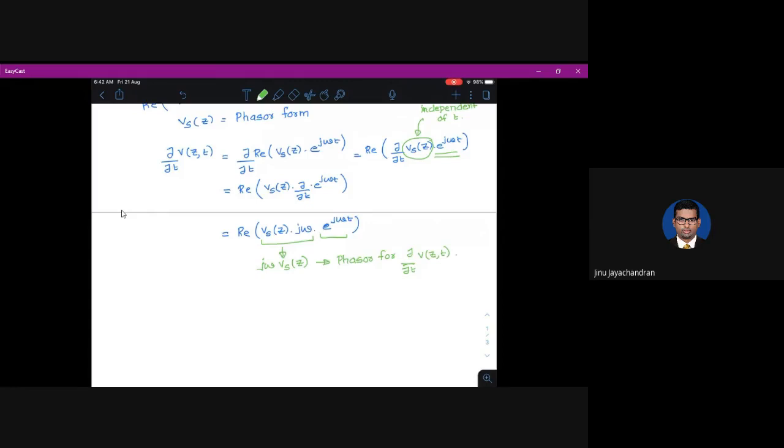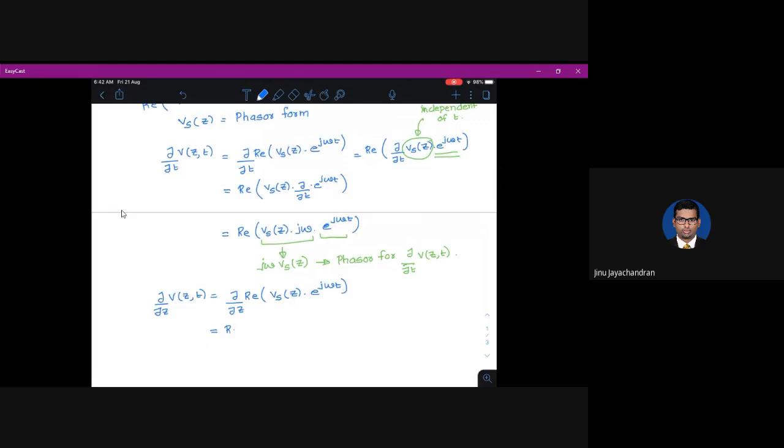So what happens if you differentiate with respect to space? So dou by dou z of V of z comma t is equal to dou by dou z of real part of Vs of z into e raised to j omega t. So you can take again the dou by dou z inside.